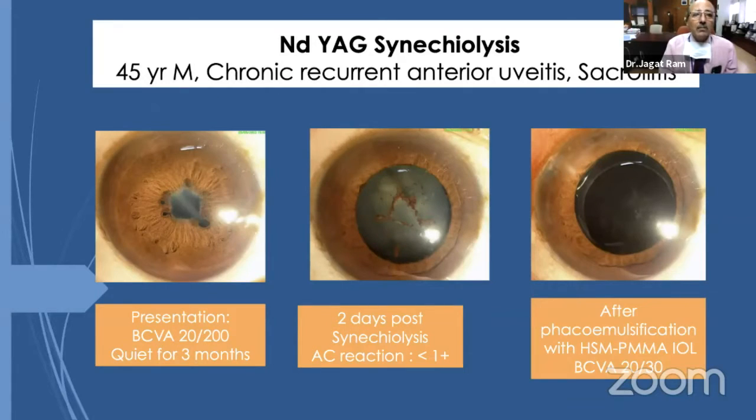This is one of the patients, a 45-year-old patient with recent recurrent anterior uveitis, where we have done Nd:YAG laser synechiolysis. So this is one of the options for dilatation of the pupil, and ultimately in this case, cataract surgery with IOL implantation was done.